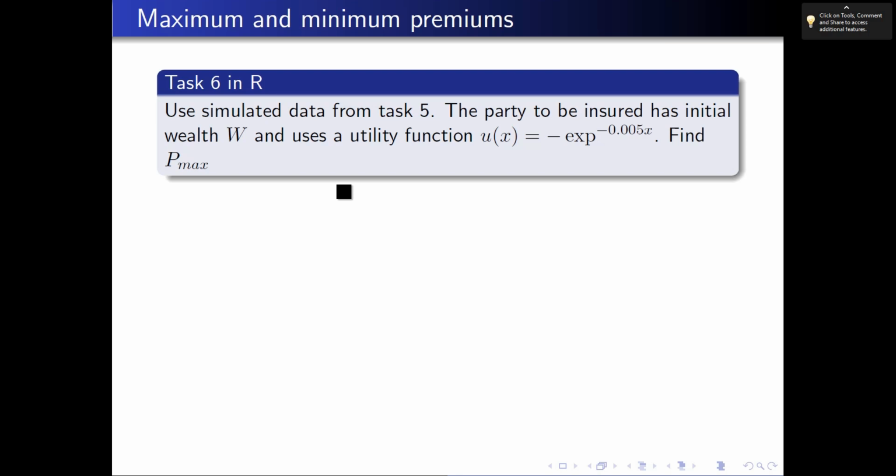In order to solve this, we need to apply the moment generating function for the Poisson distribution with a rate parameter 0.1. It was given in the previous task. And this moment generating function will give us m.